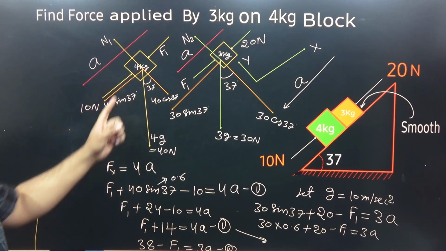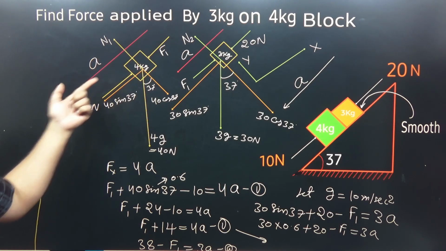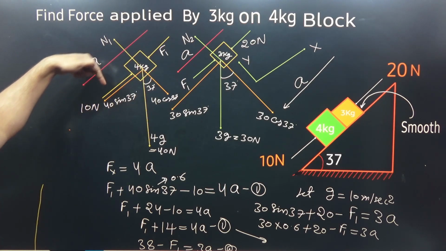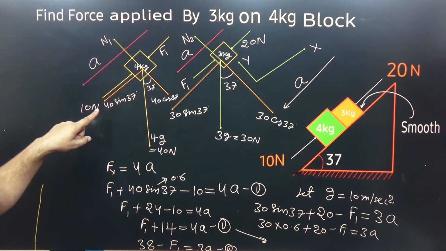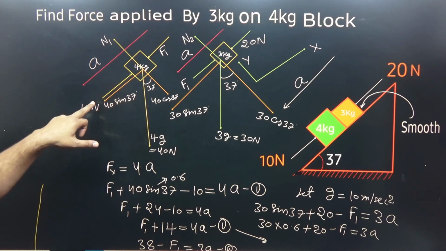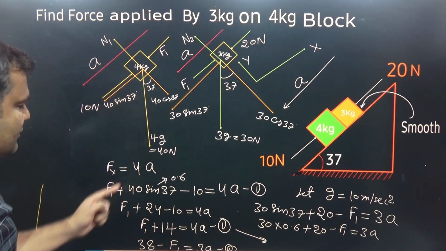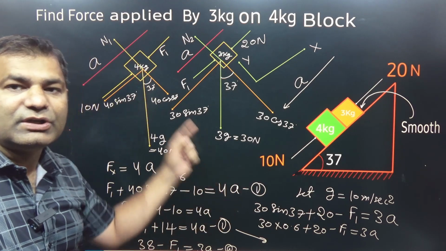Applying Newton's second law on the 4 kg block, how many forces in the downward direction? 40 sin 37. Simply you can say 40 sin 37 plus F1, and that 10 Newton is in the opposite direction. So this is F1 plus 40 sin 37 minus 10. This will equal how much?